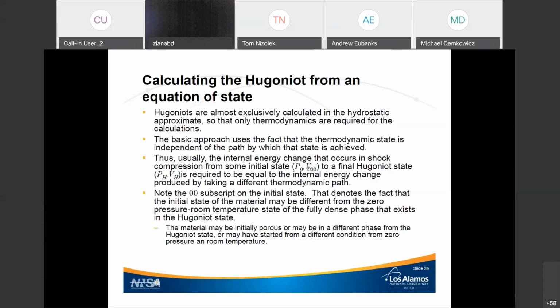Now, I've got this double knot here. That is because sometimes materials are not full density. Sometimes the material may not even be in the same phase as the Hugoniot state. It may be in some low pressure phase, and the Hugoniot is in some high pressure phase.